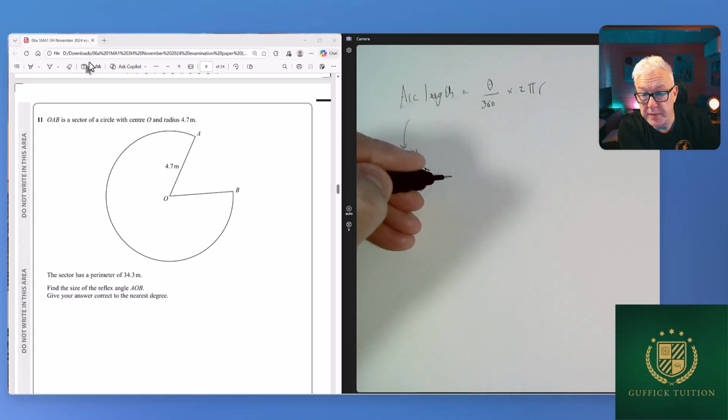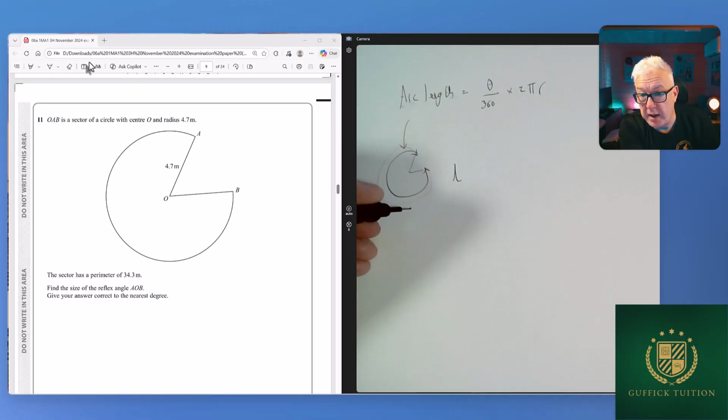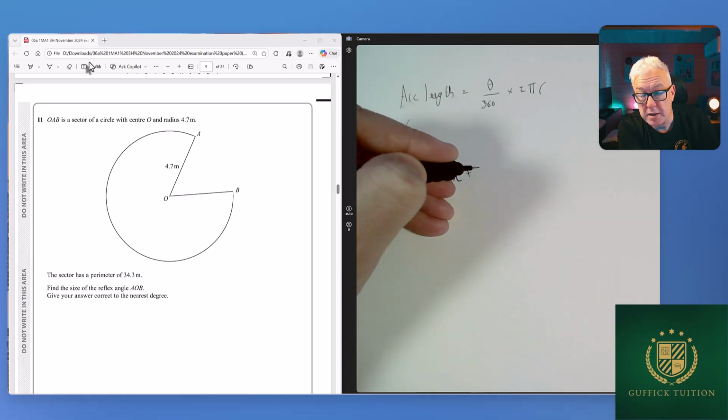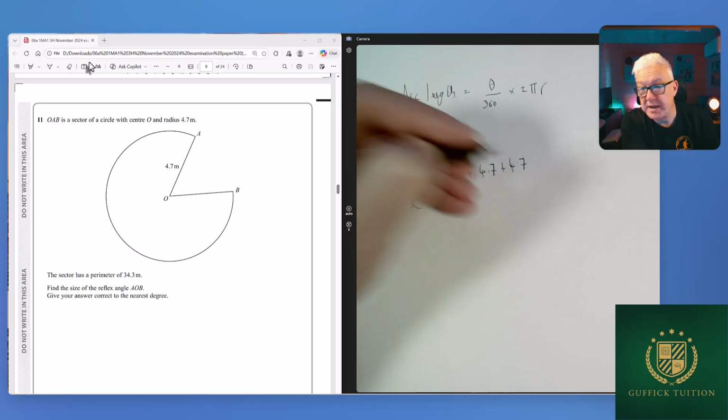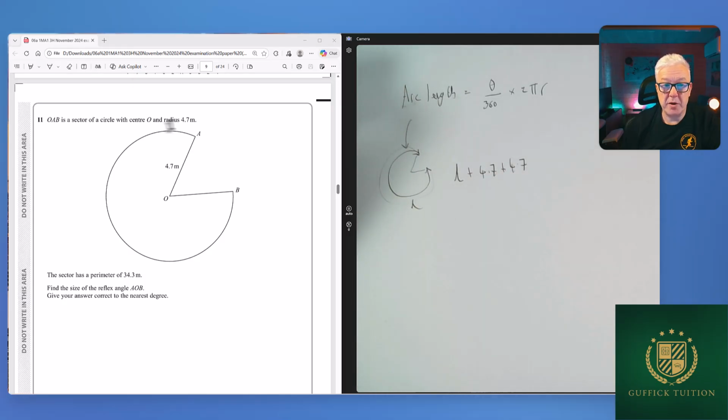So that is the arc length, let's say I call it L, plus 4.7 plus another 4.7, because basically the perimeter of the whole shape is this distance all the way around here that I'm indicating now, and this part here, and this part here.